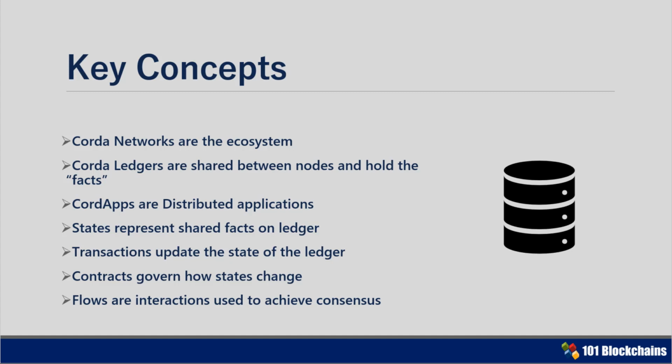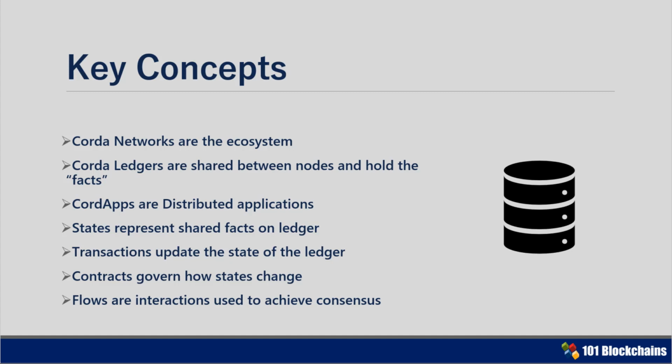What we want to think about, again, is that a fact is really more or less a state change to the ledger. So again, a little bit confusing with some of the terms. We're going to talk more about these, but I did want to make sure that before we get to the CorDapp and smart contract section in development, we grasp some of the terms that we are going to run into over and over.